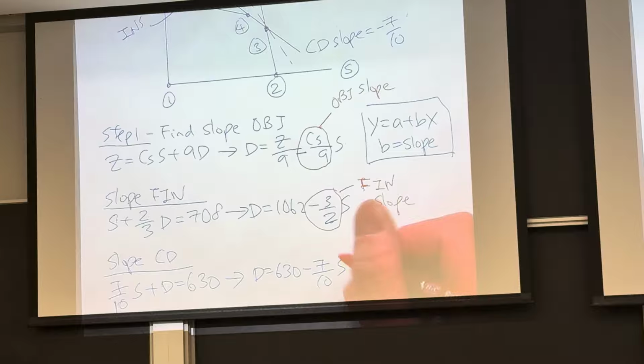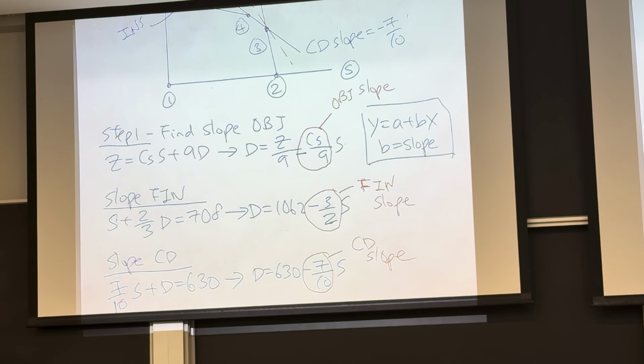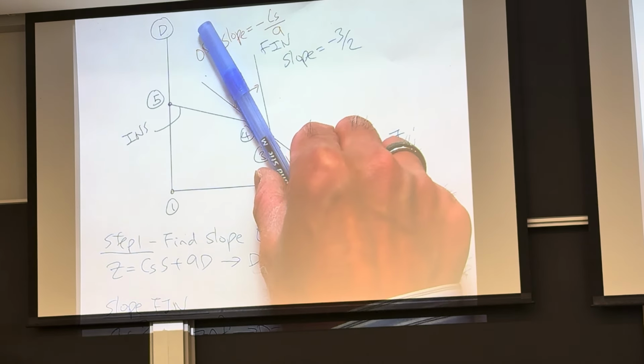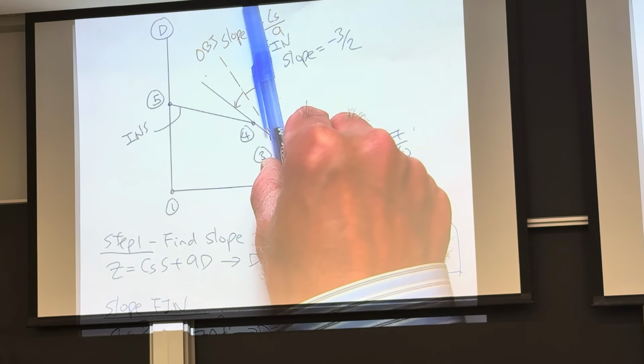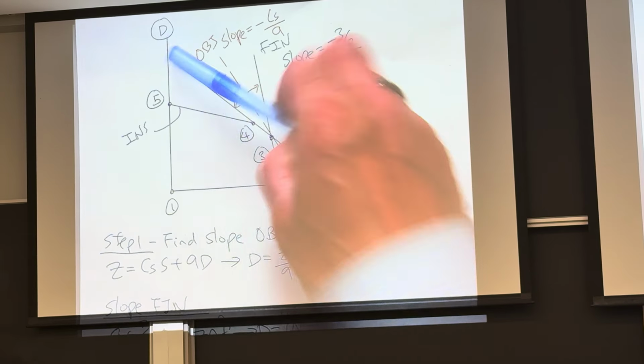So you can see the cut and die slope is minus 7 over 10 as labeled in the diagram. Okay, so we find the relevant slopes, and now we've got to ensure that it is in this range. You need it to be flatter than the finishing line here, and steeper than the cut and die line there.